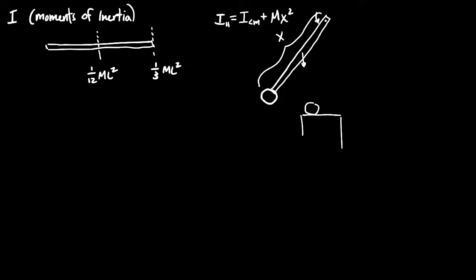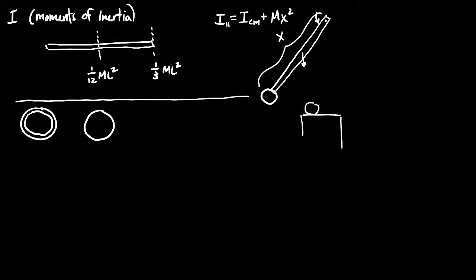Now, that tends to be the way we see problems that involve a stick or a rod or something like that. But anything that can roll, they can use those in the questions. And you have 4 different shapes of objects that can roll. There's a ring, which I'm just going to try and draw a ring as distinct from a disc by making sure you understand that the mass is on the outer edge. And then a disc.